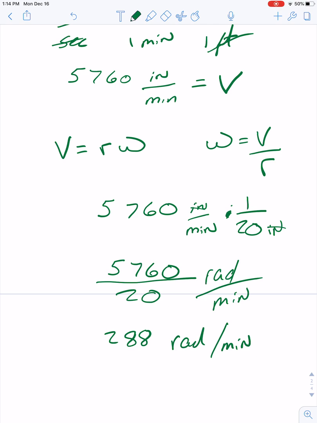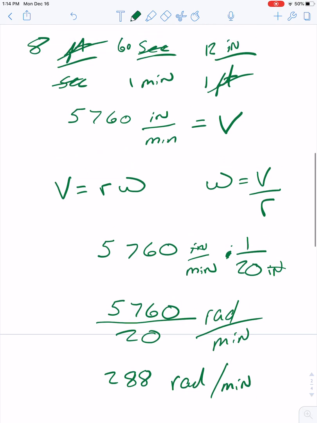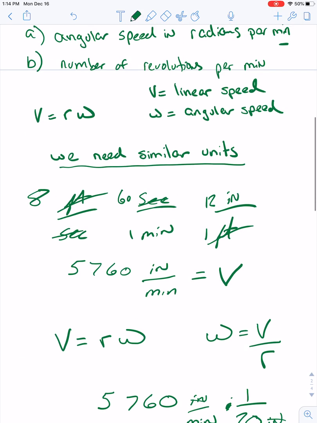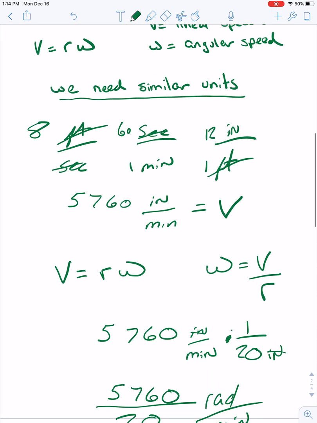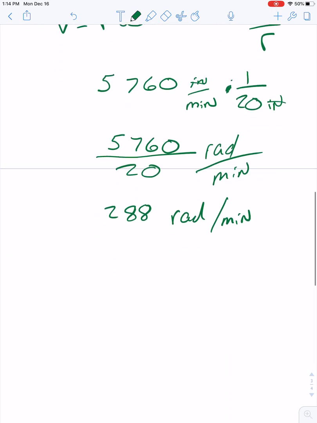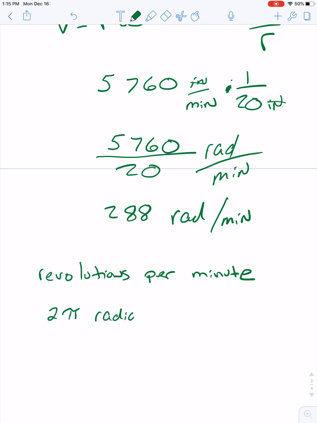So the next question wants us to find the number of revolutions per minute. Well, so we want to find revolutions per minute. There are 2 pi radians in 1 revolution.